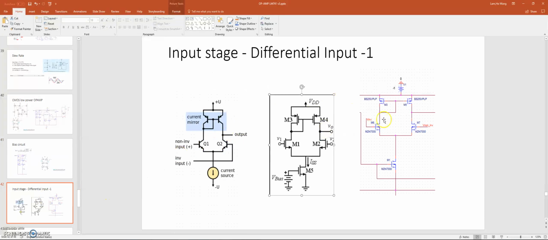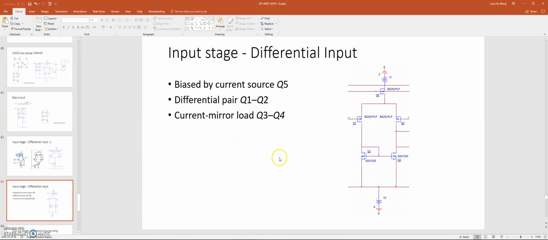And then in the next stage, we have the differential input. This is the positive terminal, this is the negative terminal, and this is the biasing for our circuit. And then we have a current mirror. Q5 is a current source.